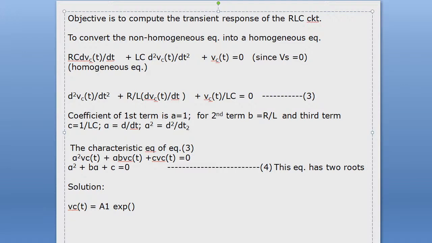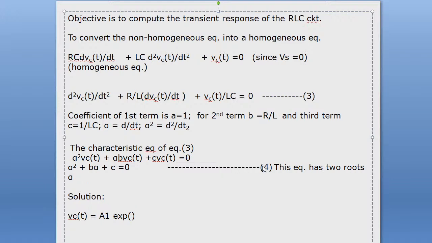Or you can consider another symbol, lambda 1 and lambda 2. Okay, no problem, but it is good you consider alpha 1 and alpha 2. There will be a consistency.